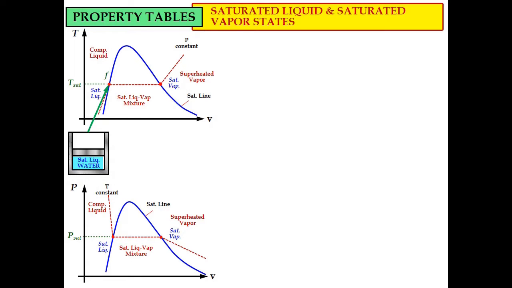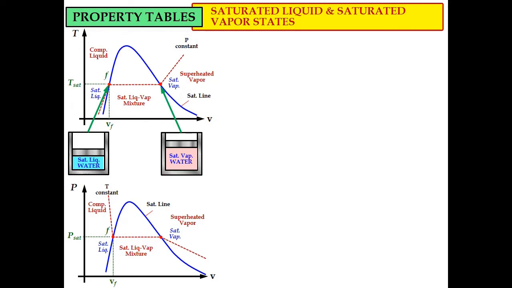In terms of the symbol that we use to describe the saturated liquid state, we will use the F symbol, small letter F. Whatever properties are involved with the saturated liquid state, we will use subscript F. For example, for specific volume we will use vf, for enthalpy hf, internal energy uf, and for entropy we will use sf, and so on. Same goes for the PV diagram.